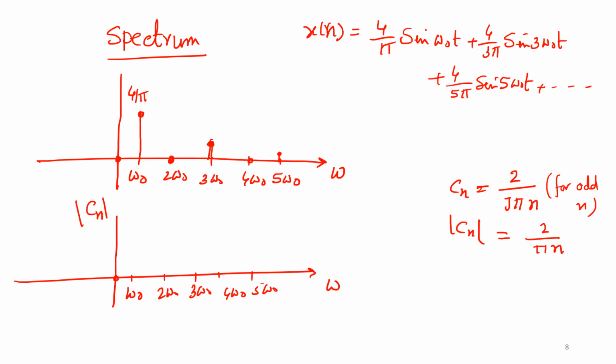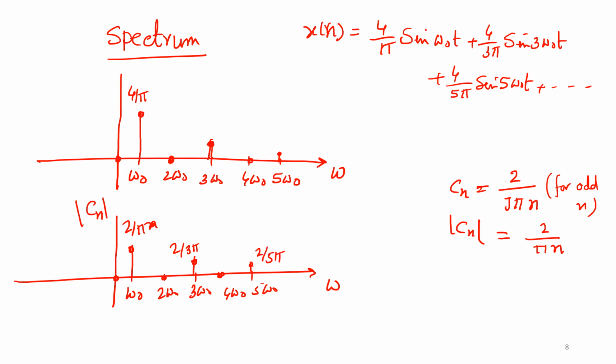And n equals 1, it is 2 upon pi n, which is 2 upon pi only. Then n equals 2, it is 0. Then n equals 3, it is 2 upon 3 pi. Then this is 0. This is your 2 upon 5 pi, like that.